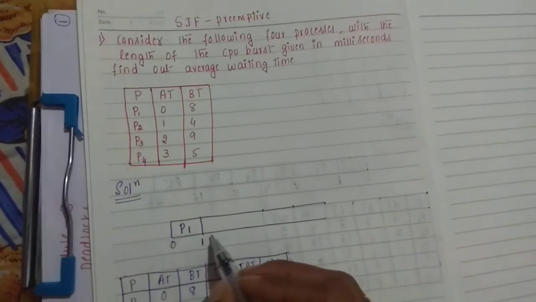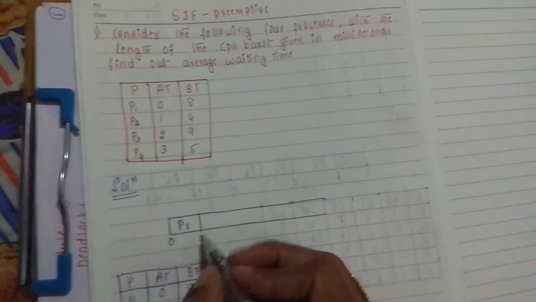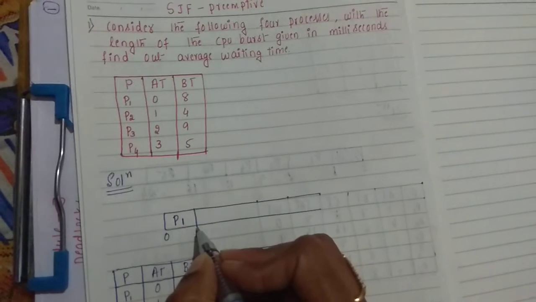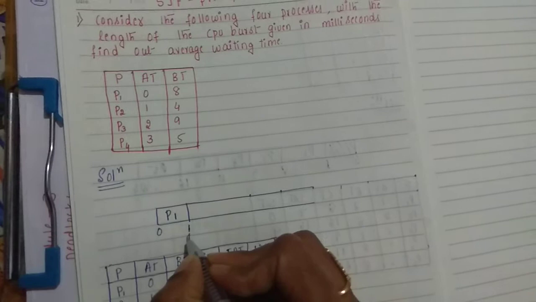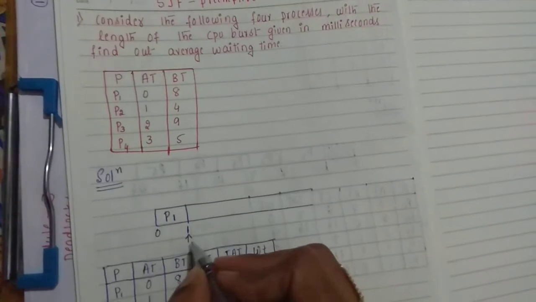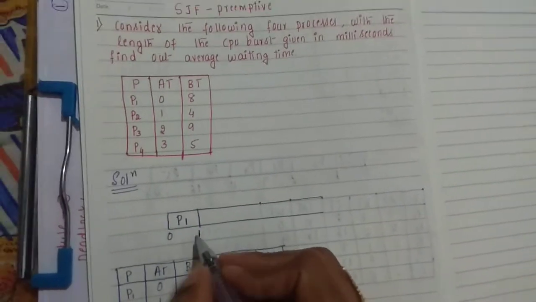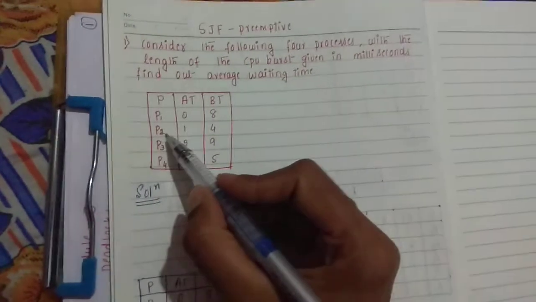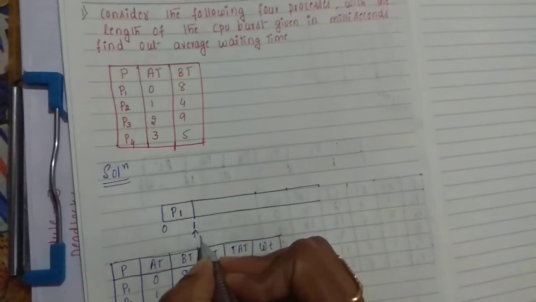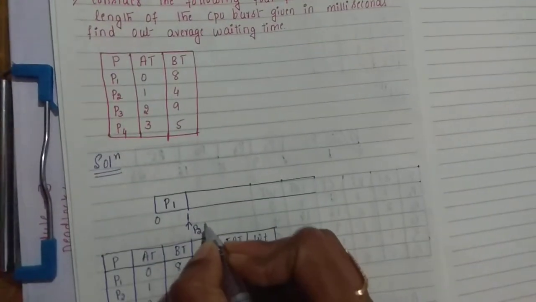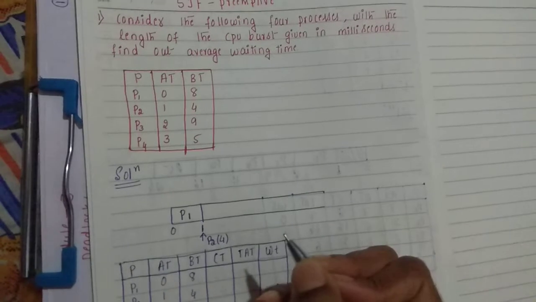Process P1 stopped the execution at 1 millisecond and it is checking whether any process is coming or not. At 1 millisecond you have a process, that is process P2, which is coming and has a burst time of 4 milliseconds.